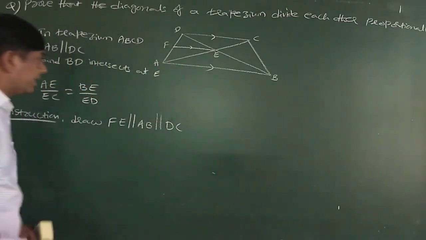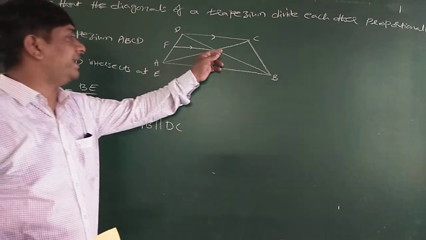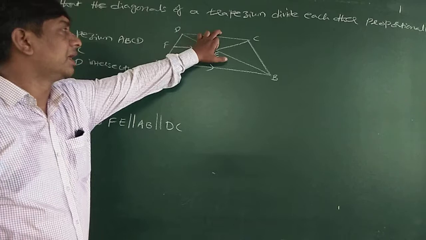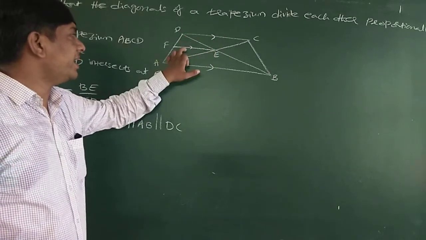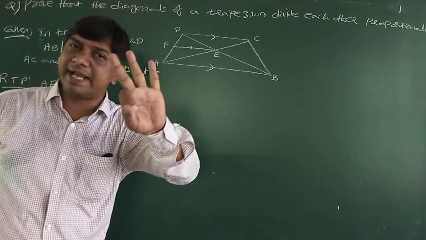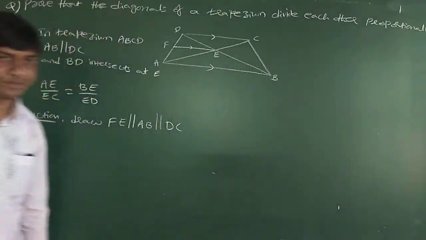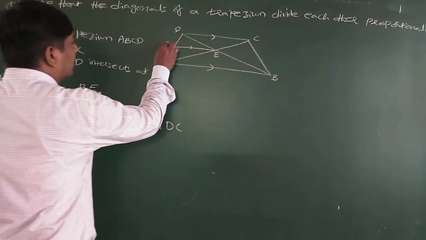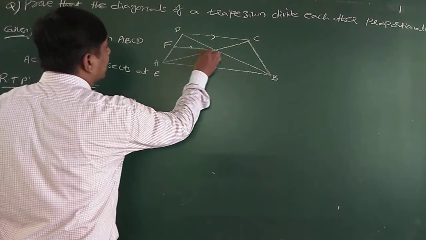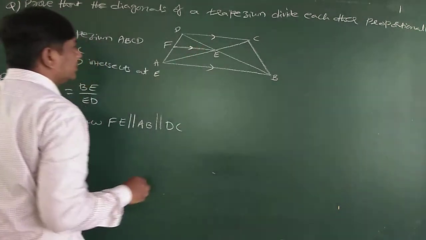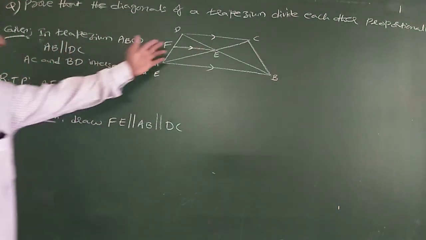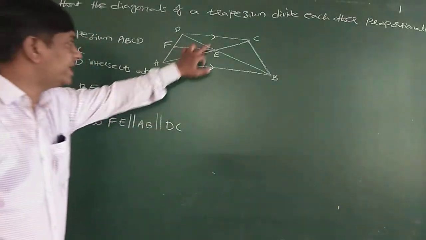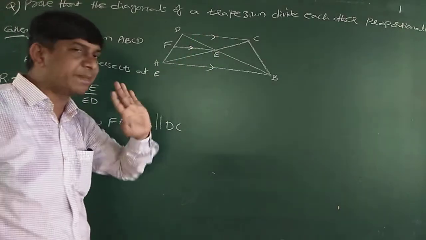I constructed FE parallel to AB, but AB and DC are already parallel. That means AB, FE and DC, all three lines are parallel to each other.